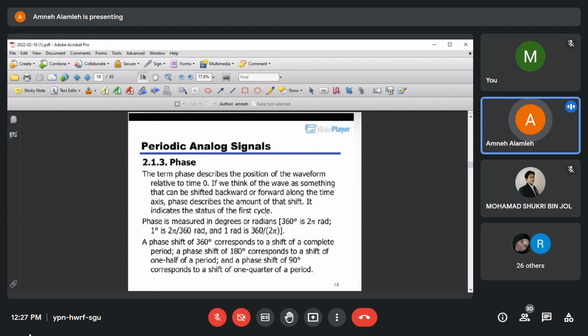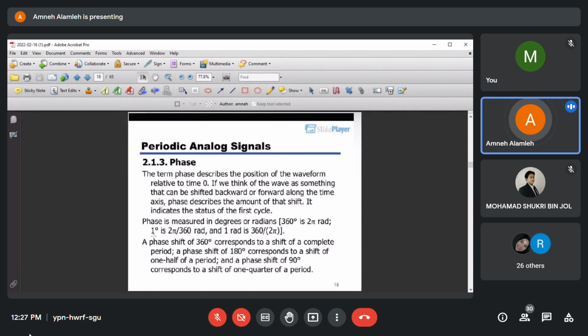So at time 0, we can tell we started the first cycle. Phase is measured in degrees or radians. Degrees, like I showed you, 360 degrees, or in radians, which is equal to 2 pi rads.